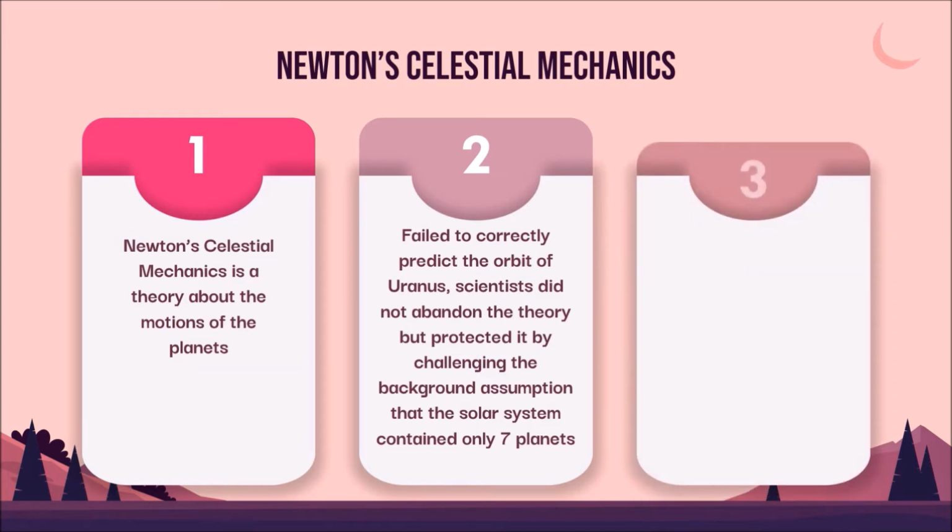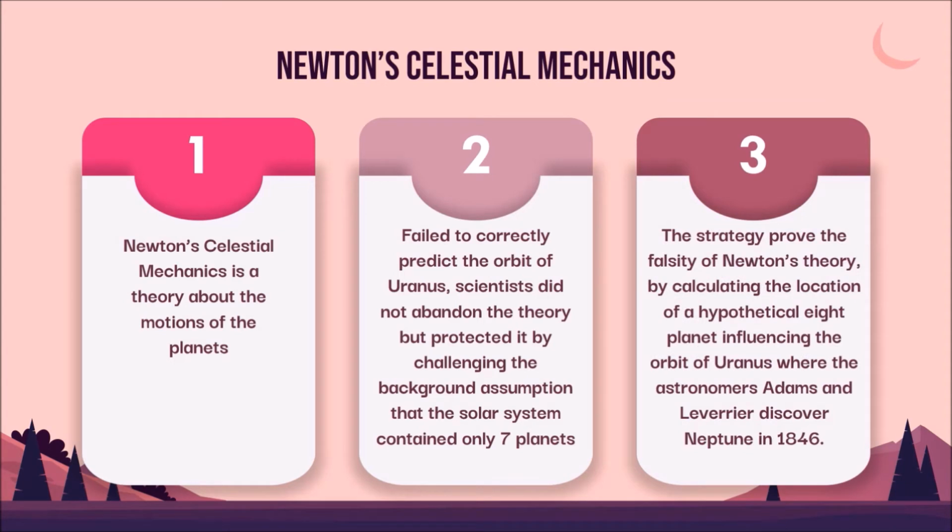This strategy bore fruit, where instead of proving the falsity of Newton's theory, by calculating the location of a hypothetical 8th planet influencing the orbit of Uranus, the astronomers Adams and Leverrier discovered Neptune in 1846.